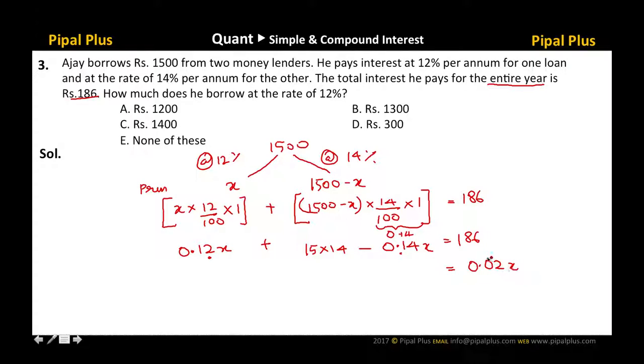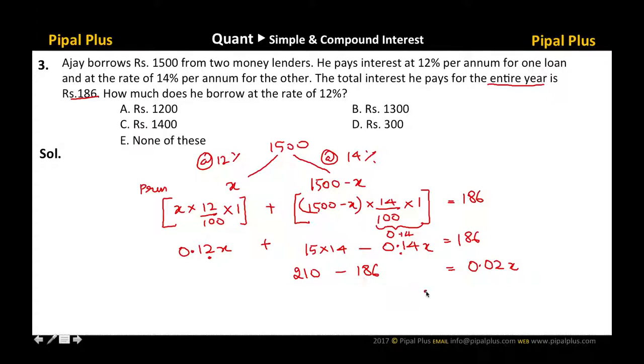So this negative 0.02x I'm going to take to the right hand side. It becomes positive, and 15 times 14 is how much? This is 210. 15 times 14 is 210, and I bring this 186 to the left hand side. This is minus 186.